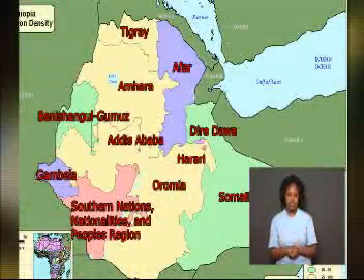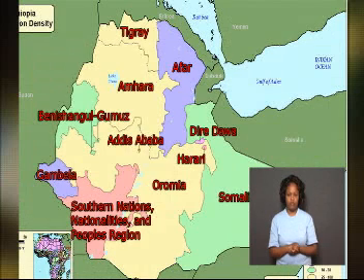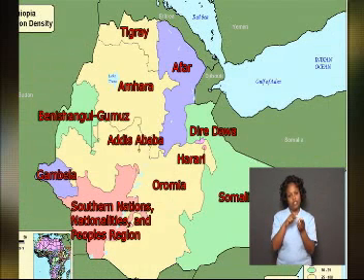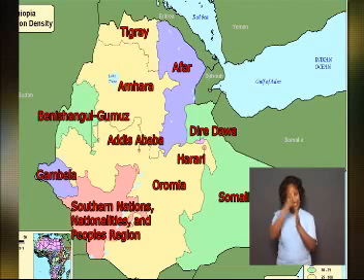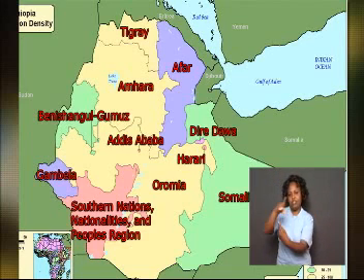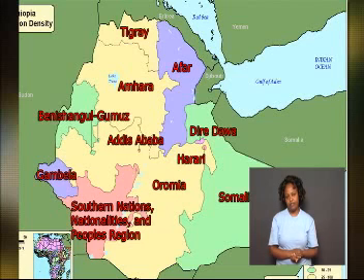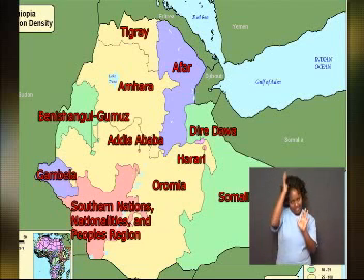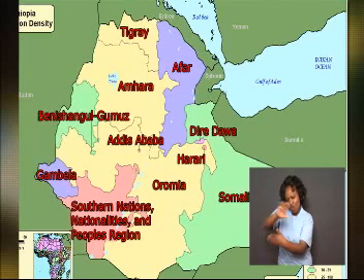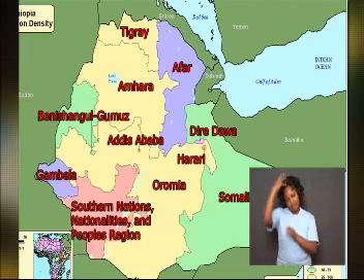Under the Constitution of the Federal Democratic Republic of Ethiopia, power is divided between the federal government and the 9 regional states. There is a federal constitution, and the regional governments each have their own constitutions.